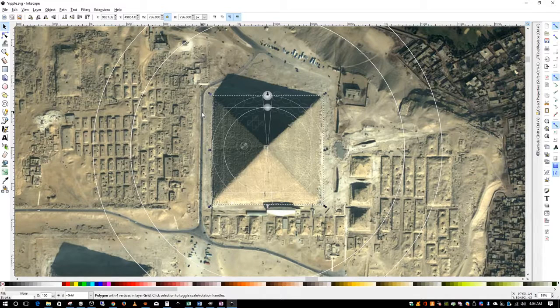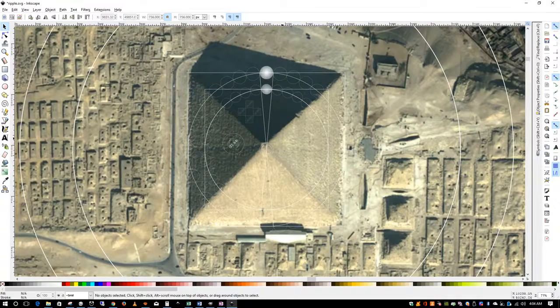You'll know if your measurements are right because everything will be thrown off if you're not. So I would say the margin of error here is probably a foot, maybe. But a foot is close enough so that you could figure out what they were using. Okay. So if we zoom in on this, let's just move this guy out of the way so you can see what I'm doing.